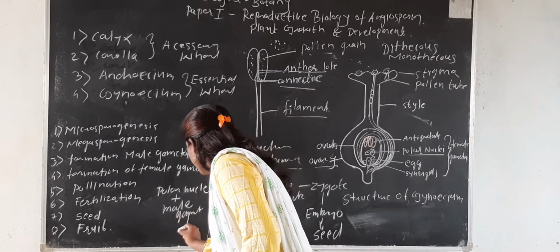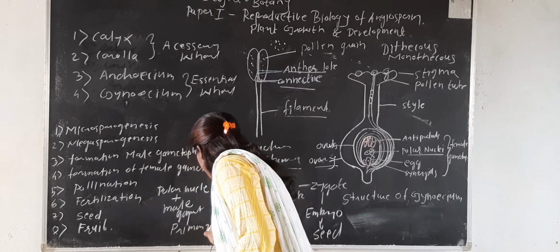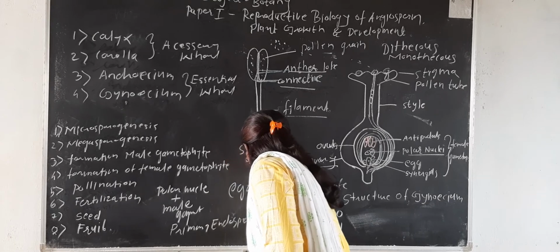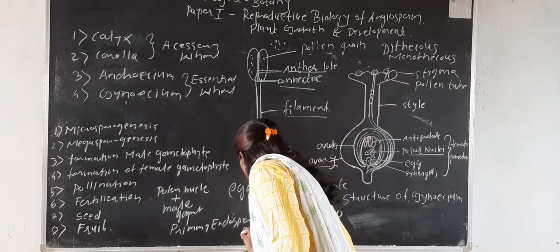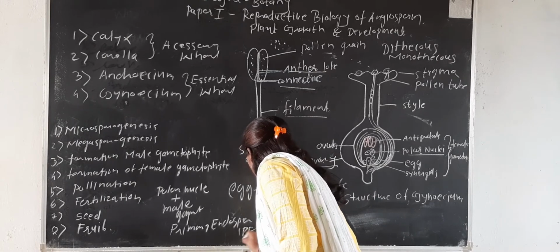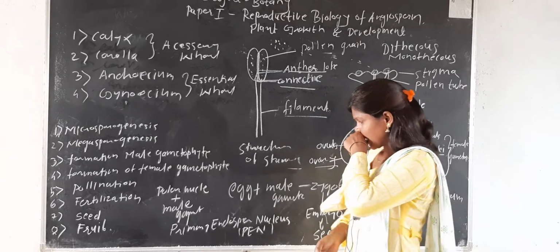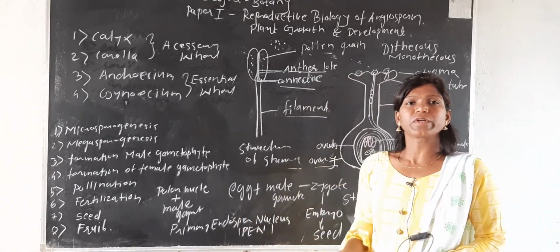They produce a primary endosperm nucleus, that is called PEN. Okay. So that primary endosperm nucleus develops into the endosperm, which is called nutritive tissue.